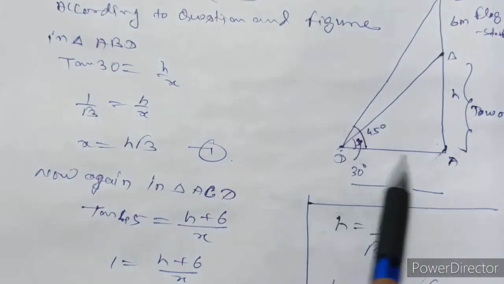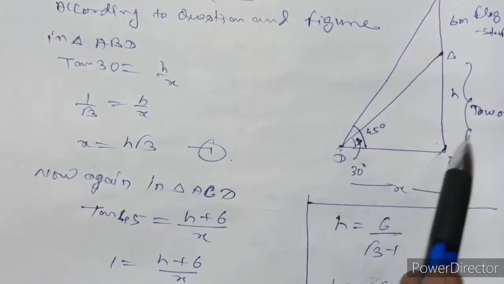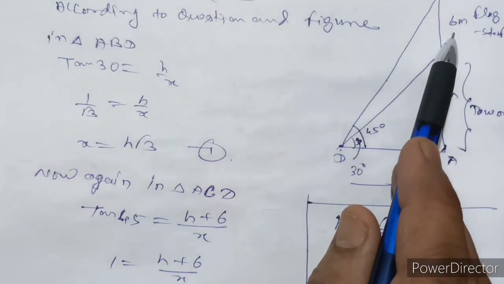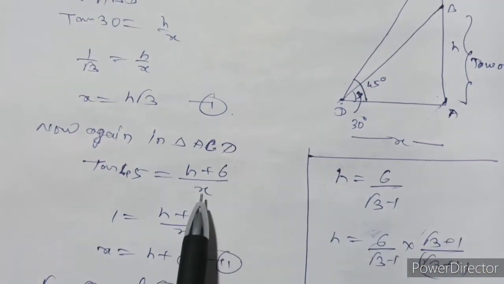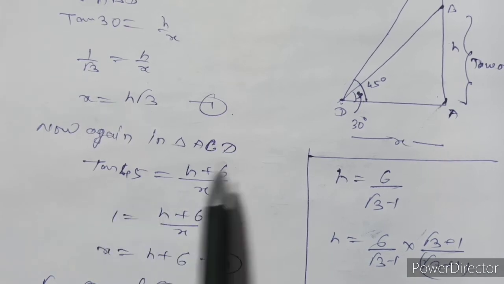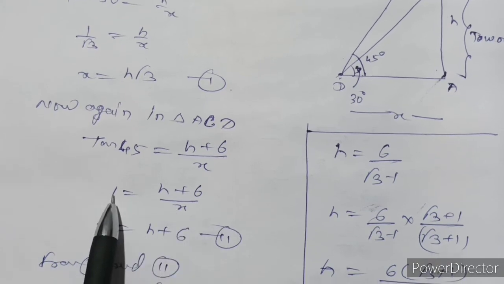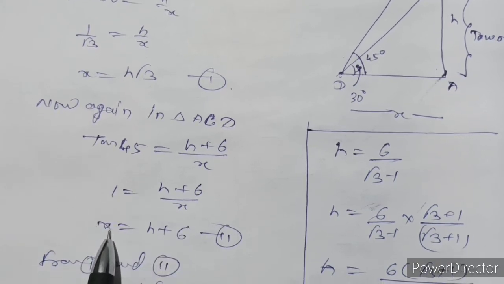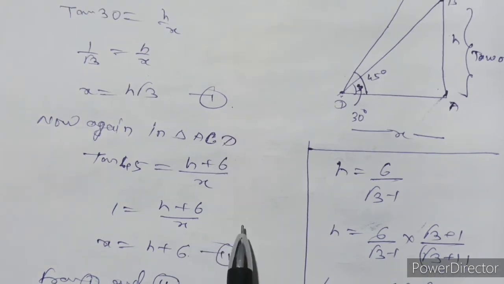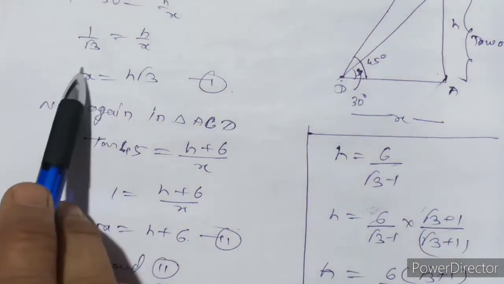Now in triangle ACD, h plus 6 upon x equals tan 45, which is 1, and cross multiplying you get x equals h plus 6, equation number second.